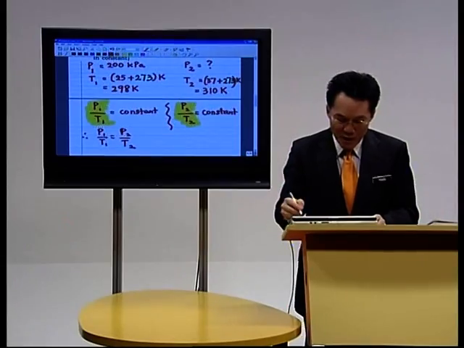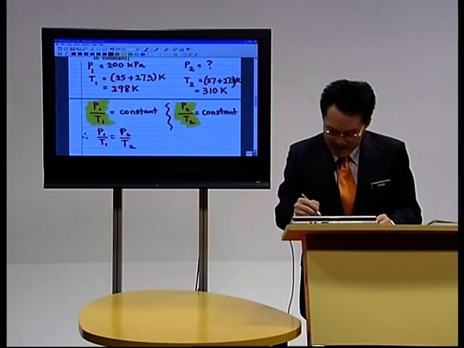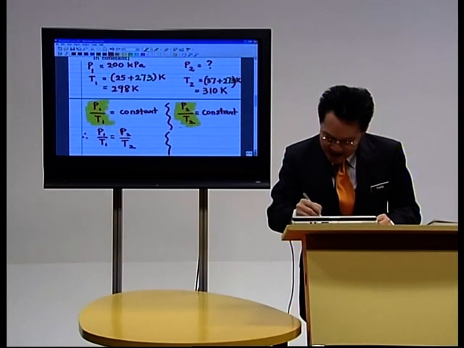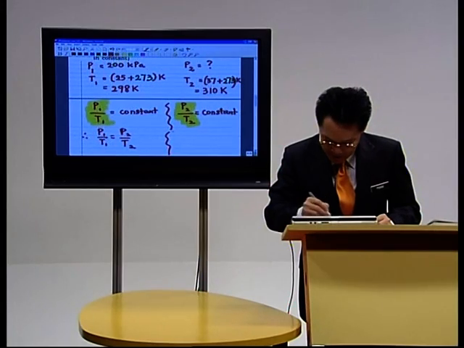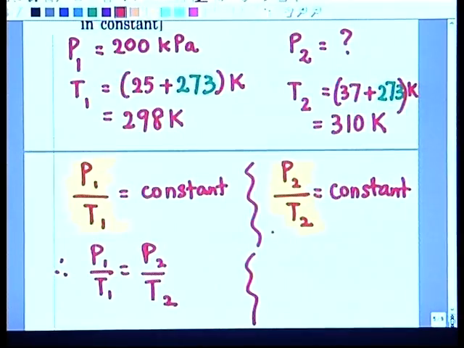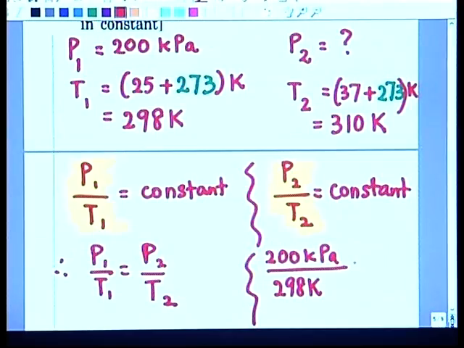Alright, and what is P1? 200 kilopascal. I will just write it this side so we can see it on the screen. P1 is 200 kilopascal divided by T1 is 298. Write down the units, equals to P2 divided by T2. And what is T2? 310 Kelvin.